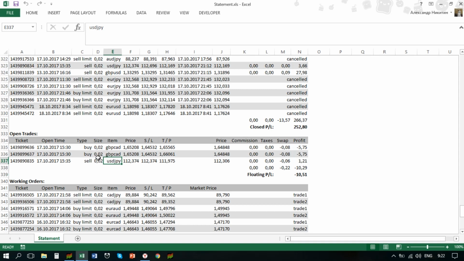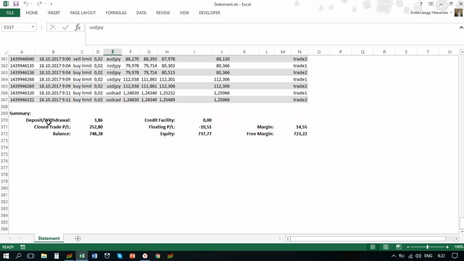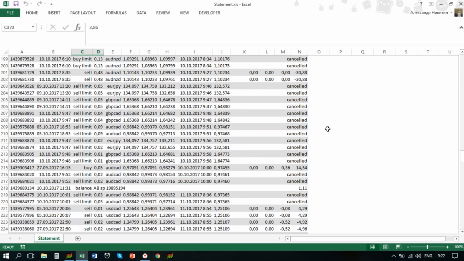You can see the size being 0.02, not very large. You can see some details about my account: what I started from, what I have generated, so what my results are. We can do the calculations in a second.